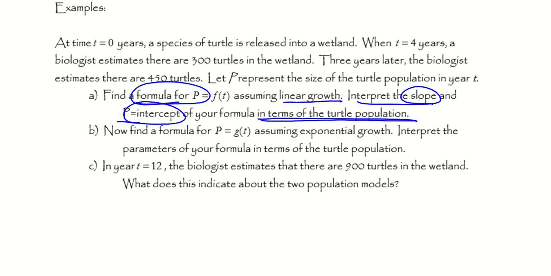All right, so let's look at what we've got. First of all, let's define our variables. Let p represent the size of the turtle population, so p is the number of turtles.